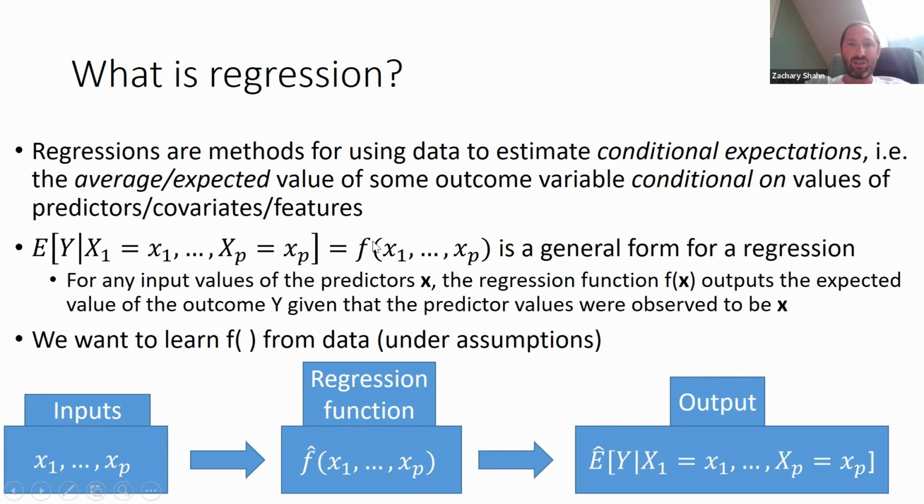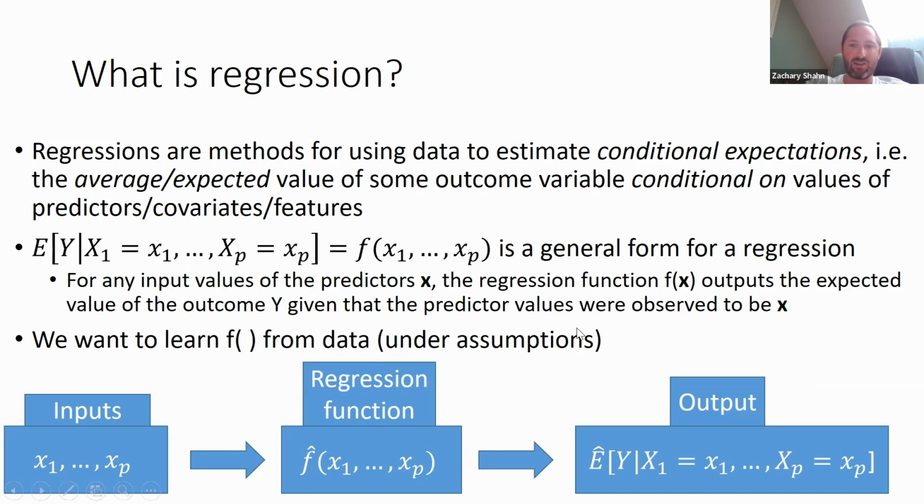And a regression function is a function of the covariate values, little x1 through little xp, that are inputs to the function, and then the function outputs what you expect the outcome to be, given that you observed those values for the predictors. And the goal of regression is to learn this f function, or try to get a good approximation to what it is.